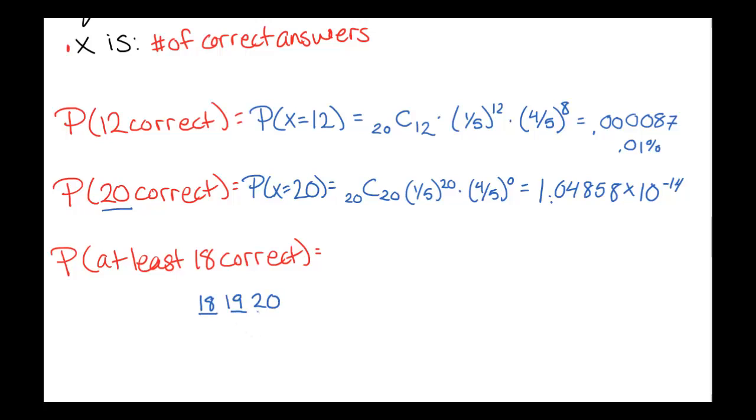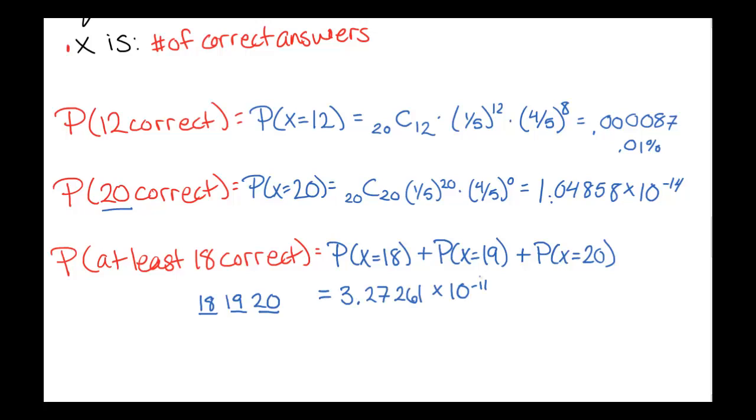So we really have 3 possibilities here. So I'm going to look at the probability of each one of these, and because these are disjoint events, they can't happen at the same time, we can just add their probabilities. So here's our probability. Again, I'm leaving this in scientific notation because this is still a very small number, although it's quite a bit larger than the probability of just getting 20 correct.